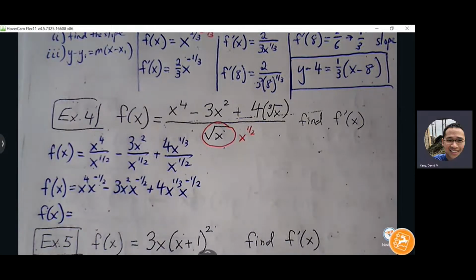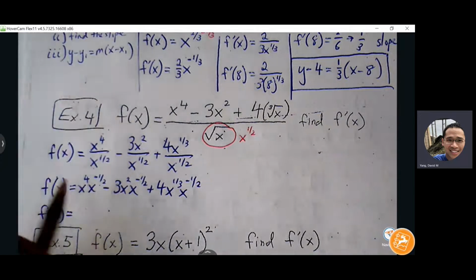Okay, we're still in the cleanup stage because we can't do power rule until all those x's are merged together. So what do I do when I want to multiply bases together? Add the exponents, right?